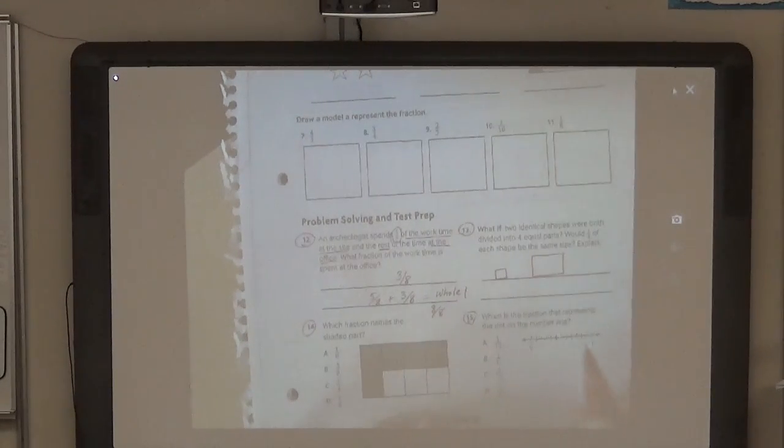Well, a rectangle and a rectangle, let's say that. And this is divided into 4ths. And this is divided into 4ths. Now answer the question. Depends on which size the shape is.